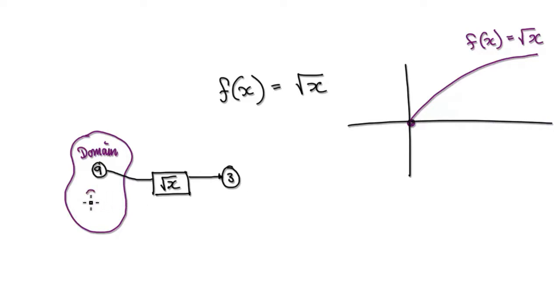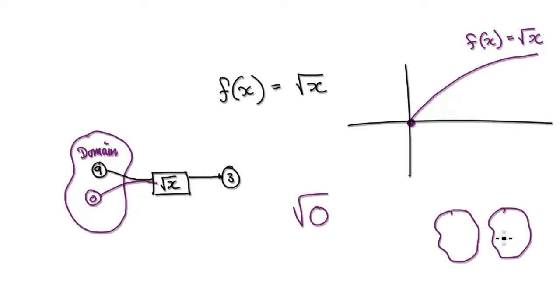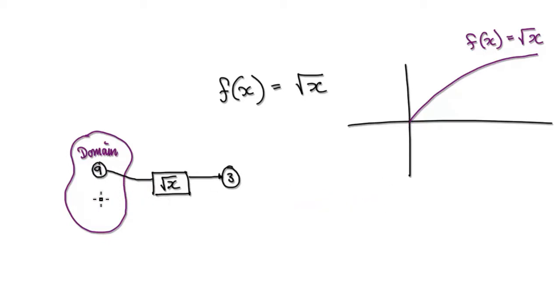You see, the number 0 is in the domain, because what is the square root of 0? In your mind, you've got to think of two numbers that are exactly the same. When you multiply them together, it gives you 0. Well, 0 times 0 is 0. So you can square root a 0. It would be 0. So 0 is in the domain.